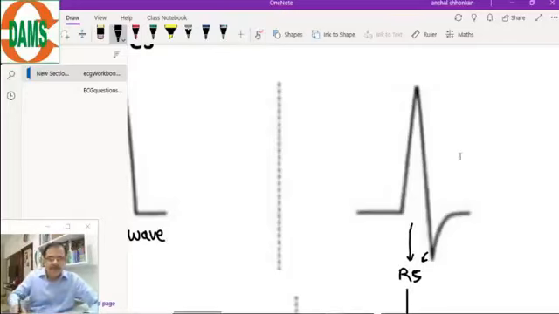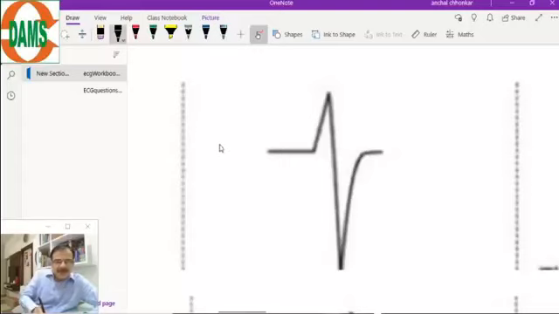Now, come to the third example. Let me see who can give me the correct answer. This was the QRS complex that we have seen in lead V1, a normal QRS complex. So what name will you give this wave?